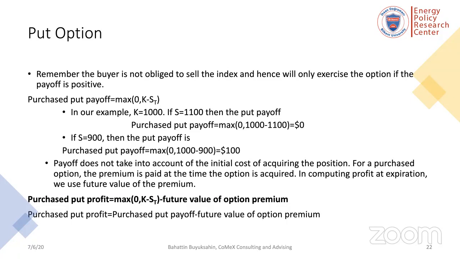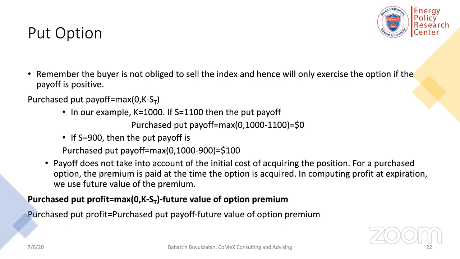In our example, the strike price is 1000 and the spot price, let's say, is 1100. Then the put payoff is going to be 0 because the option buyer will not exercise his right. Instead, he will go and sell his share at the market price of 1100.